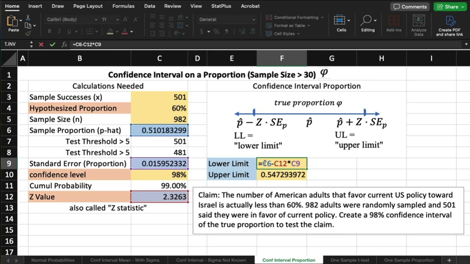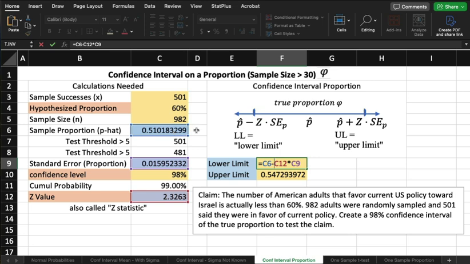So it doesn't tell us that exactly 51% of Americans favor current U.S. policy. We know that it's got to be some range around that, because one sample is not enough to tell you exactly how many Americans favor U.S. policy.